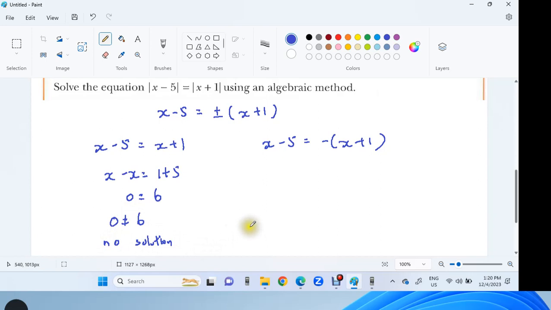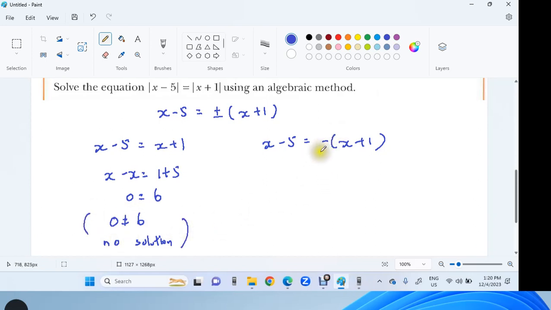We have 0 equal to 6, which is something wrong. For the other case, I have negative x minus 1 equal to x minus 5. So x plus x is negative 1 plus 5, 2x equal to 4, x equal to 2.